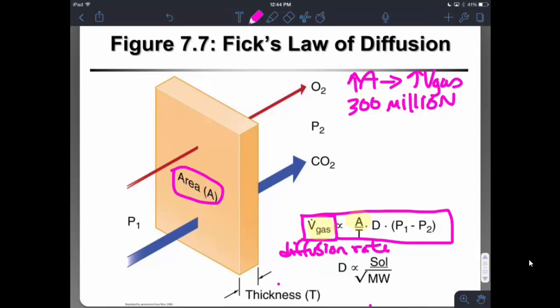But the lungs are built for maximal diffusion rate, and that's why instead of having two big air sacs, we have 300 million tiny air sacs.